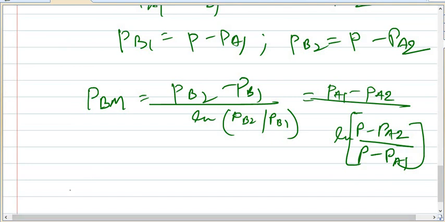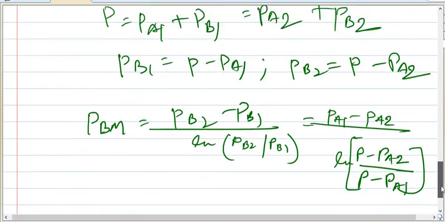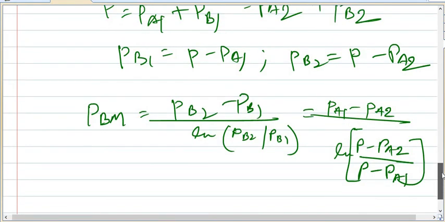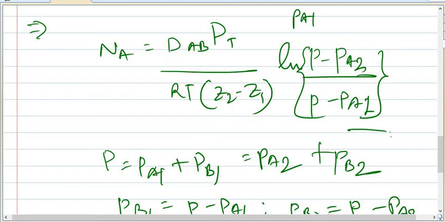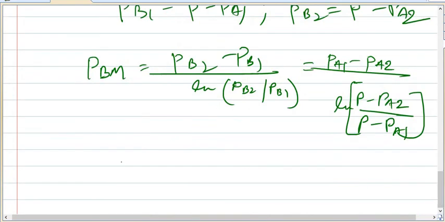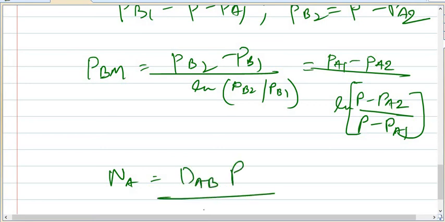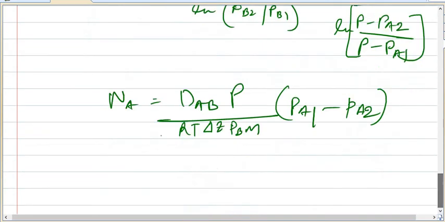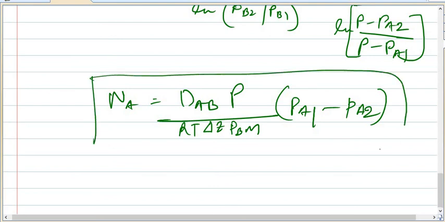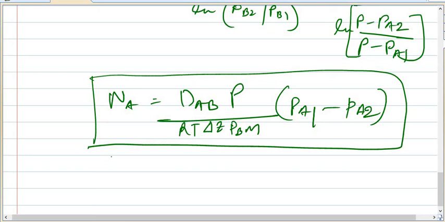Therefore, on substituting these values in equation number 2, we get NA is equal to DAB P divided by RT times delta Z (Z2 minus Z1) times PBM, times (PA1 minus PA2). So this is the equation for A diffusing through non-diffusing B. A is diffusing in stagnant non-diffusing B.